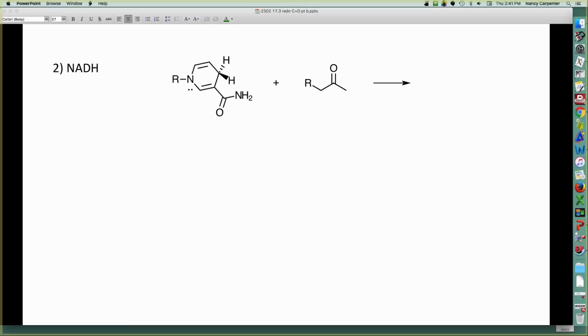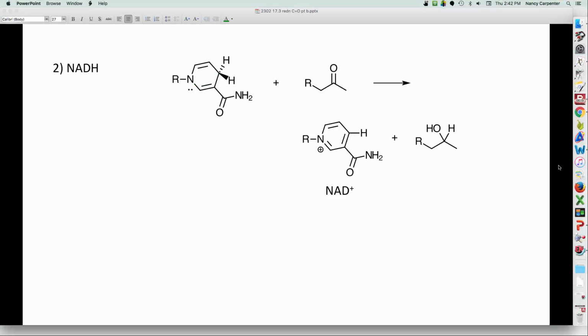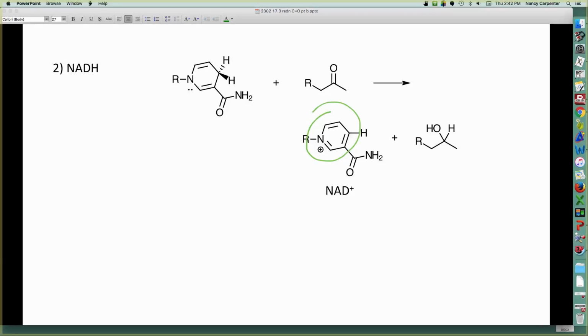Basically, what we're looking at is popping that lone pair into the ring that pushes this pair of electrons over and kicks out that H minus to deliver it to the electrophilic carbonyl to give me my reduced product and an aromatic ring. This is NADH. NAD, just the plain old nicotinamide adenine dinucleotide. You'll see it in biochemistry as NAD+.